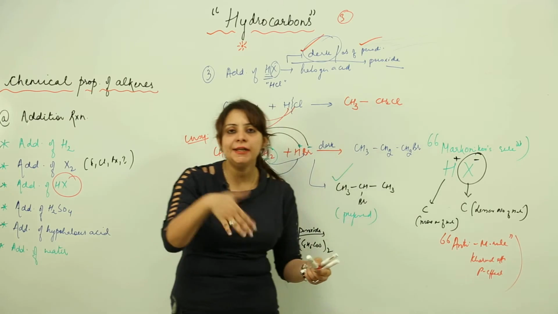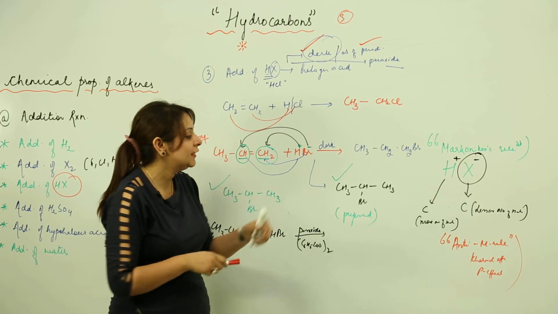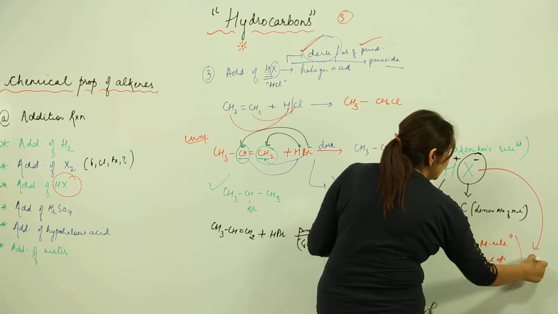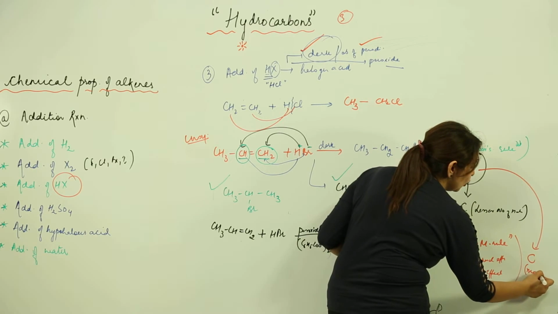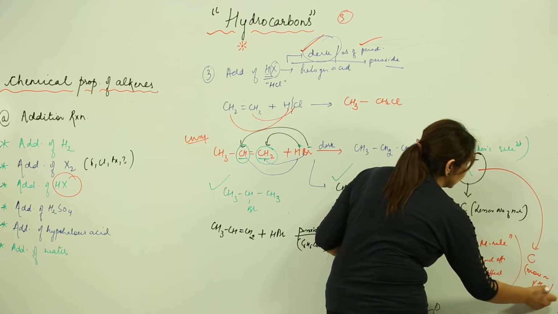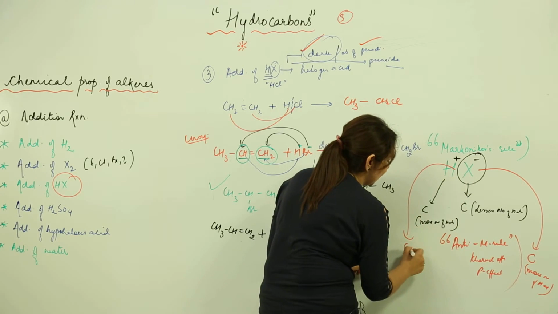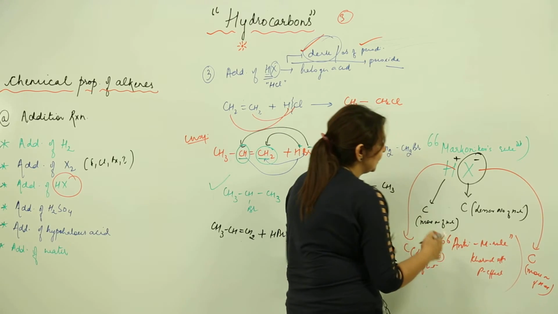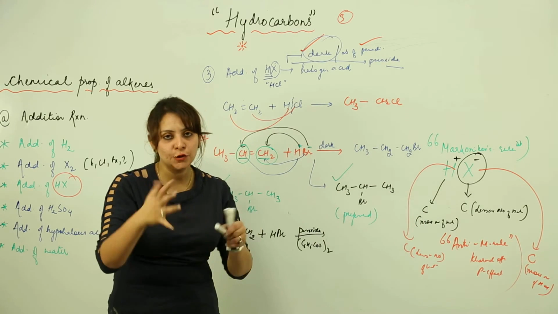So it is actually anti to Markovnikov's rule. According to this, the negative part is going to attach to the carbon atom which carries more hydrogen atoms, and the hydrogen is going to attach to the carbon atom which carries fewer hydrogen atoms. That means Markovnikov's rule actually gets reversed, right?